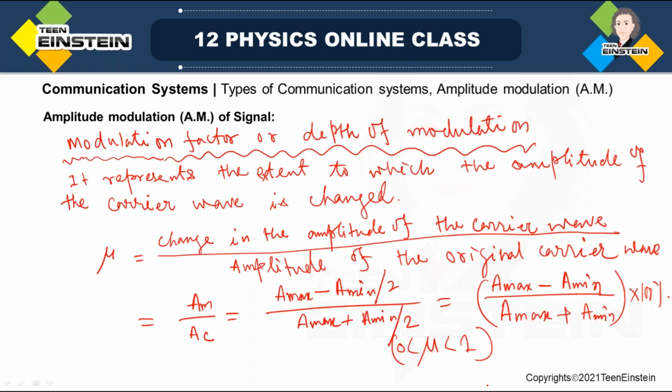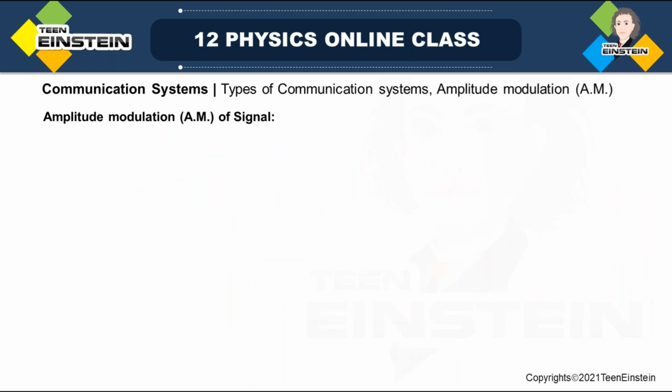Okay, so if we start with the equation of the amplitude modulated wave, then it will go another half an hour. What I'll do is take it up as a continuation of this amplitude modulation part. How do we write it in terms of the carrier wave?